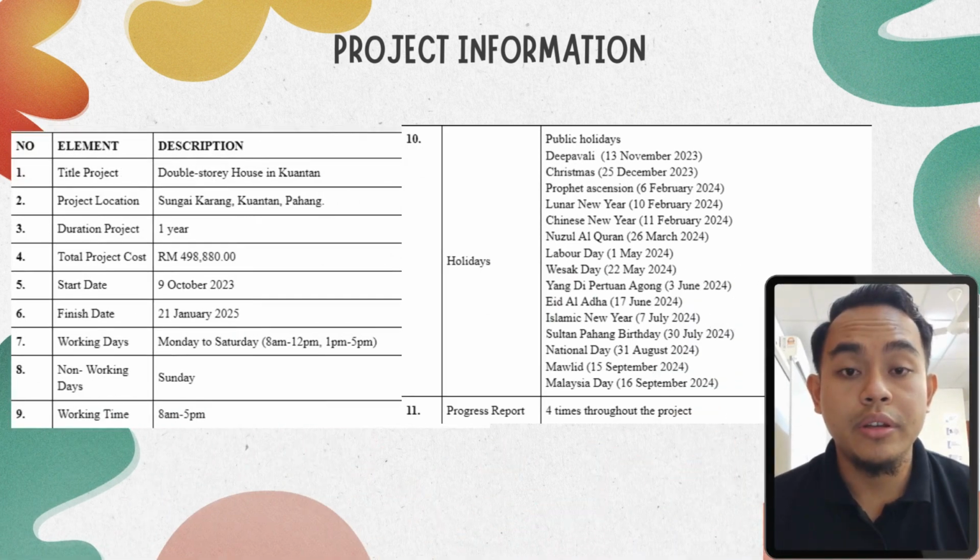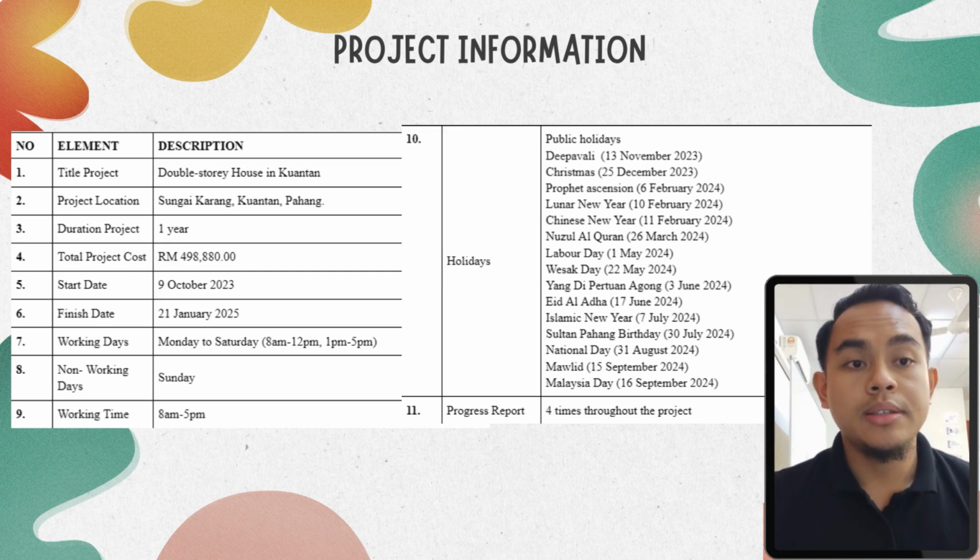This is the project information. The project is a double-story house in Kuantan, and the project location is Sungai Karang, Kuantan, Pahang. The project duration is 1 year, and the total project cost is 498,880 ringgit. The start date is 9 October 2023, and the finish date is 21 January 2025.